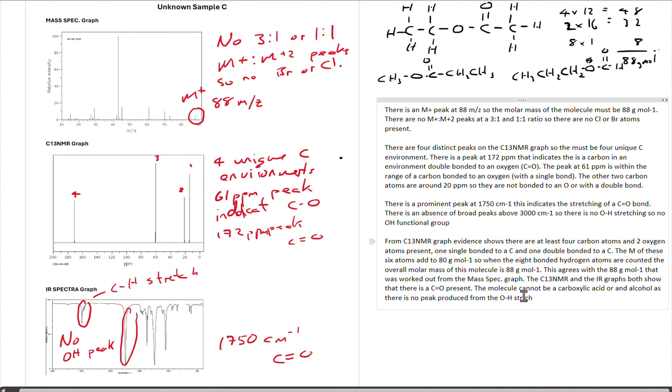Wait. Did I say where that stretch would be? Oh yeah, I did in the first one. That's cool.